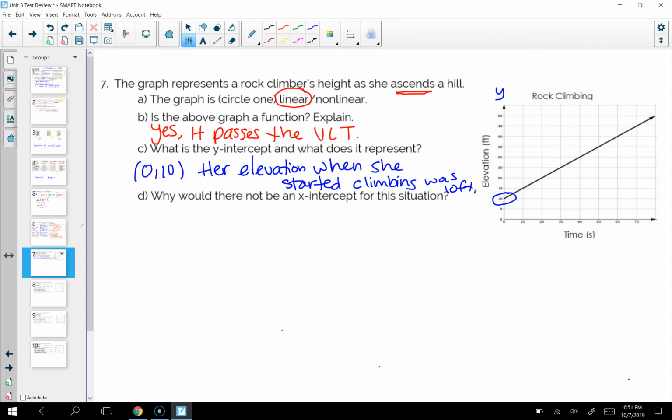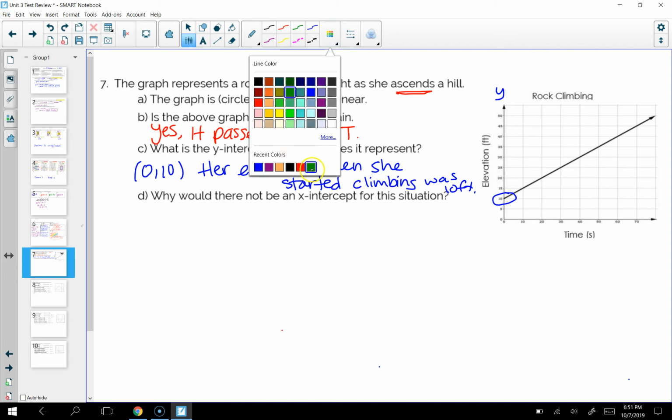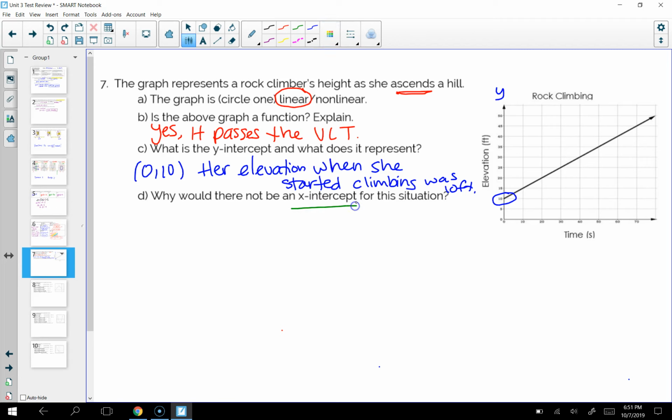Why would there not be an x-intercept for this situation? An x-intercept here would represent where she is starting on the ground, and she's not ever on the ground.